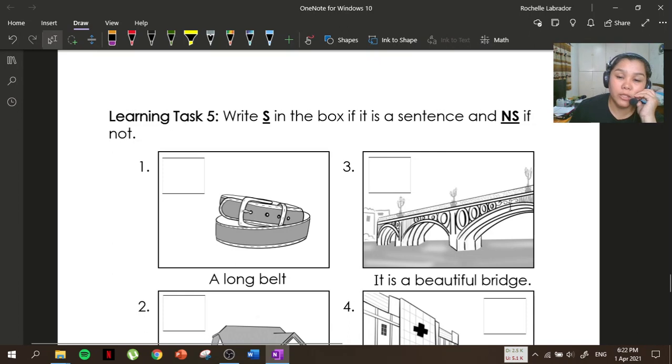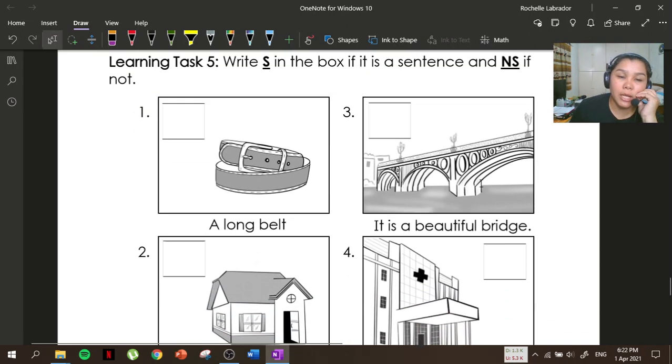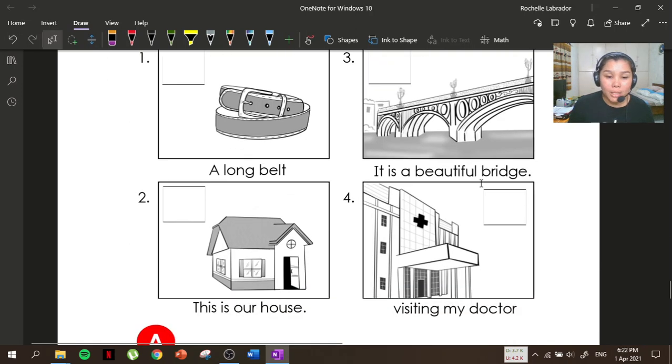sentences below each picture. Number 1, a long belt. Number 2, sa baba, this is our house.